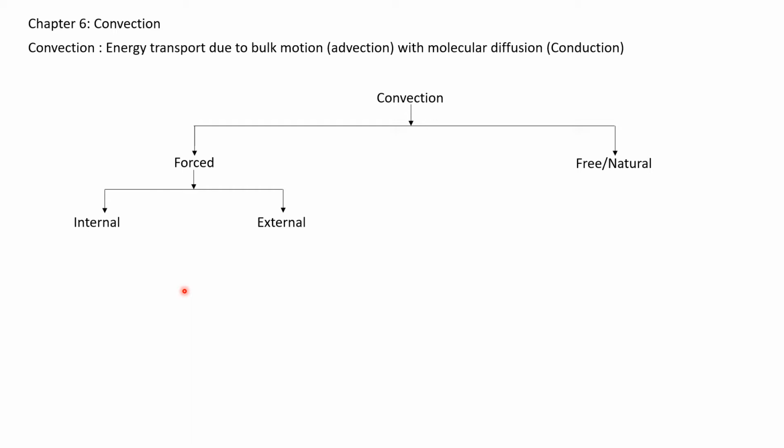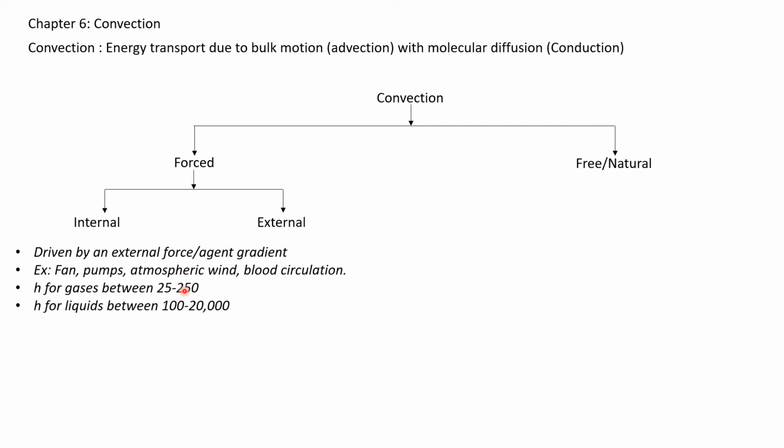So you can have internal and external convection in both forced convection and natural convection. We'll be looking at internal and external convection in chapters 7 and 8, and free or natural convection in chapter 9. And let's define what we mean by forced convection and free convection.